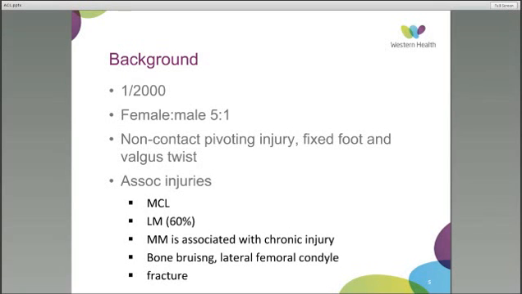A little bit more on the background of ACLs. There's no joint registry or anything that looks at ACL reconstructions, but these are the Medicare figures.